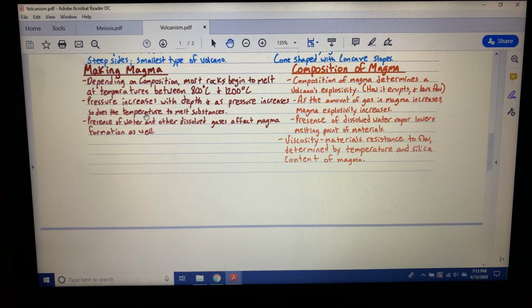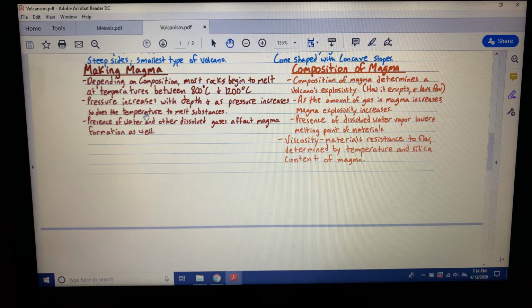The next thing we'll look at is making magma, or how that lava down below gets made. And so depending on the composition of most rocks, they begin to melt at temperatures between 800 and 1200 degrees Celsius. That can also change as you go down deeper because pressure increases with depth as you add more and more rocks on top of already existing rocks.